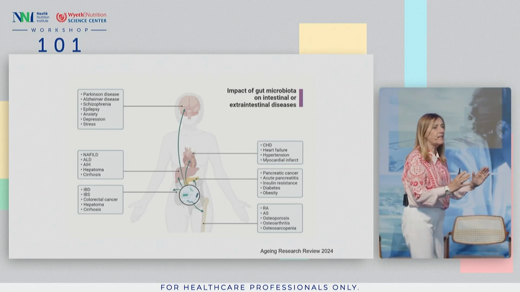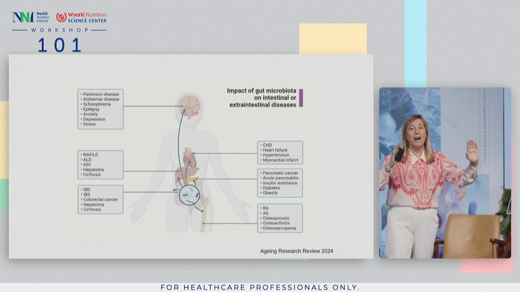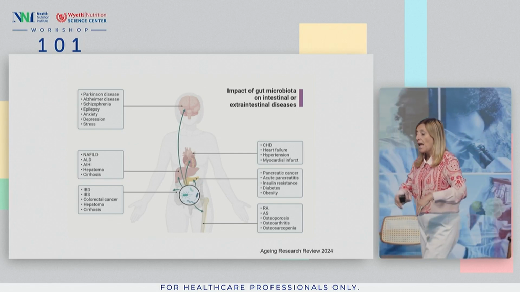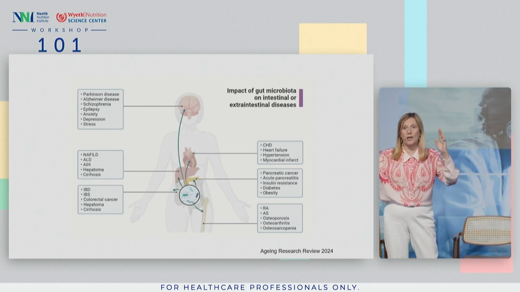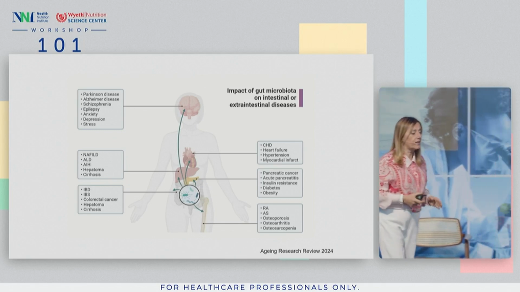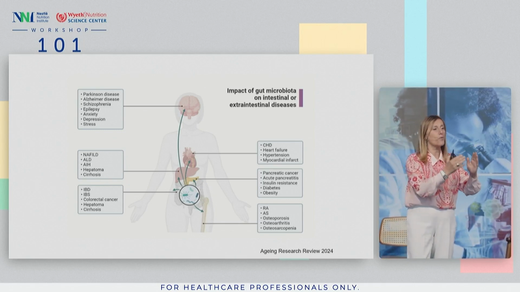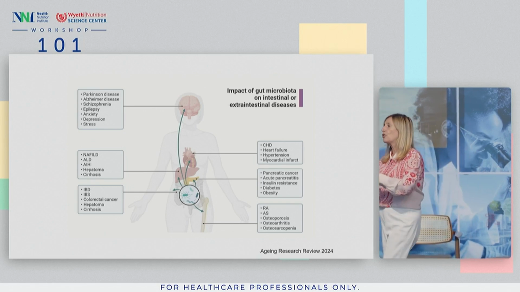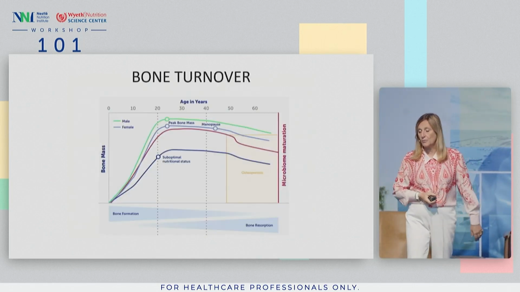So the implication these microbes have in the body is immense. It has effects on the brain, as we heard from John before, on the liver, on the heart, and of course on the bone. So that's why we introduced the concept of gut-bone interaction, the gut-bone axis.